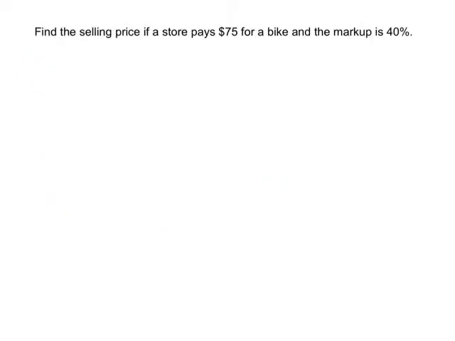I want you to go ahead and pause the video and try this one on your own. We're going to find the selling price if a store pays $75 for a bike and the markup is 40%. So the first thing I need to do is find what 40% of $75 is.